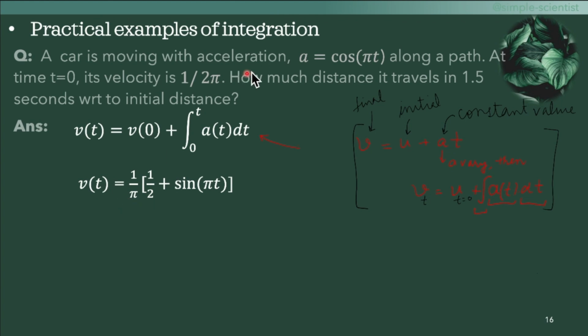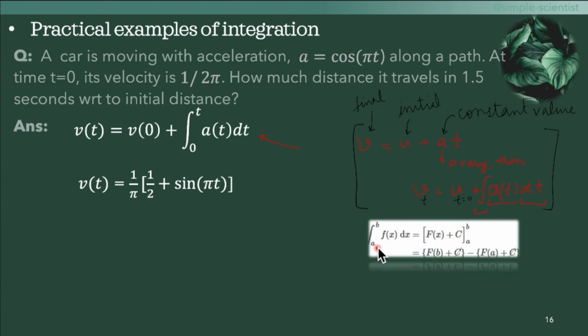But again, the question is how much distance. So we need to find the distance, and so far we have only found the velocity, which is time dependent. So we need to further multiply this term by time so that the units are distance. Therefore we need to take one more integration of this term.